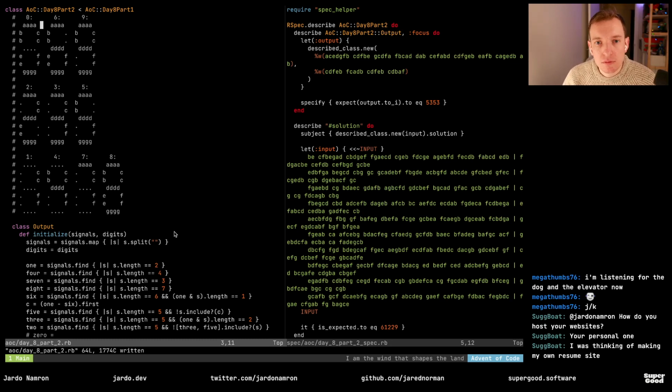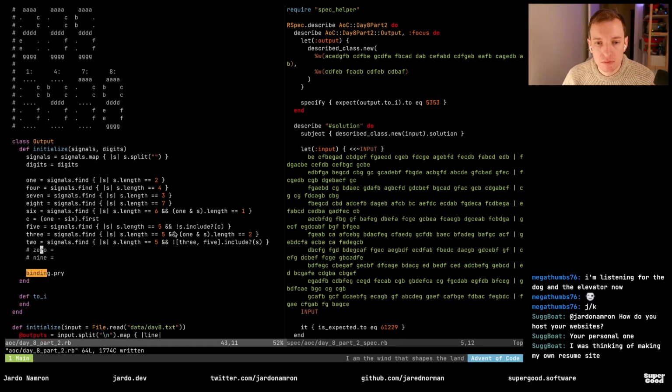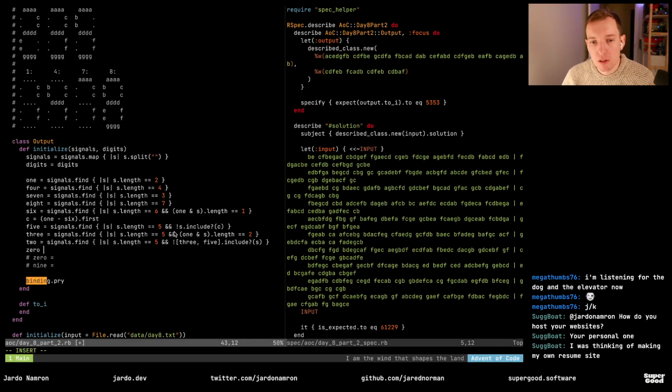So 0 equals signals find s dot length equals 6 and s does not equal 6 and s dot let's just do another union with 4.